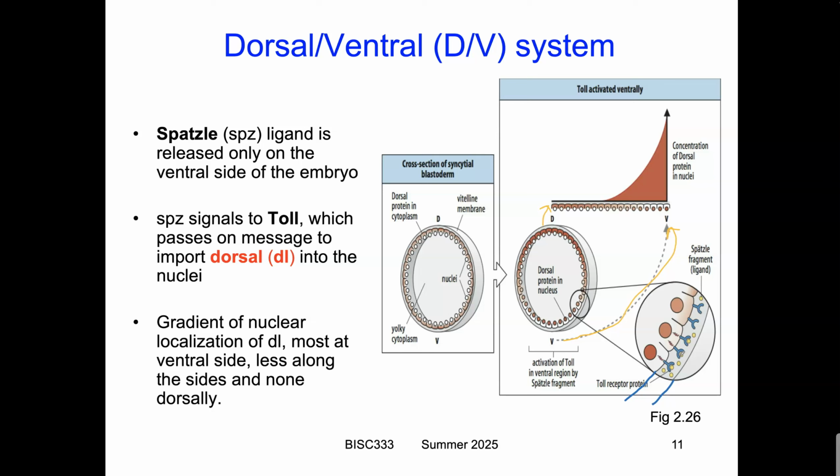And so what you have now, the gradient we're talking about here, is a gradient of dorsal protein in the nucleus. And dorsal protein is a transcriptional activator. It turns on a bunch of genes. And the genes it turns on are needed to form ventral structures, and then what we call ventrolateral.